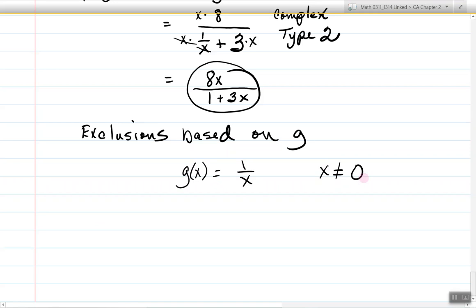Then you look at exclusions based on the last function.